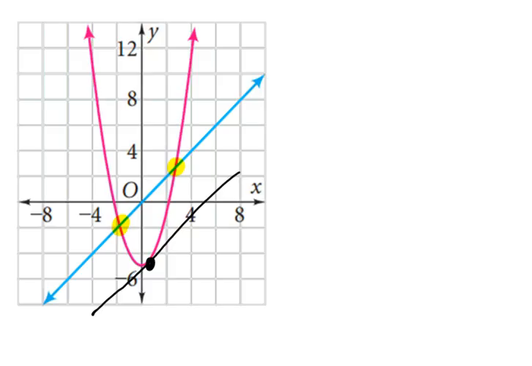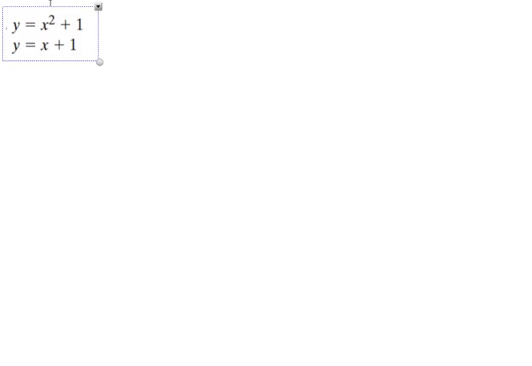Or they might not cross at all. So I have either 2, 1, or no solutions when dealing with a system of equations where one is quadratic and one is linear. So let's look at some example problems.